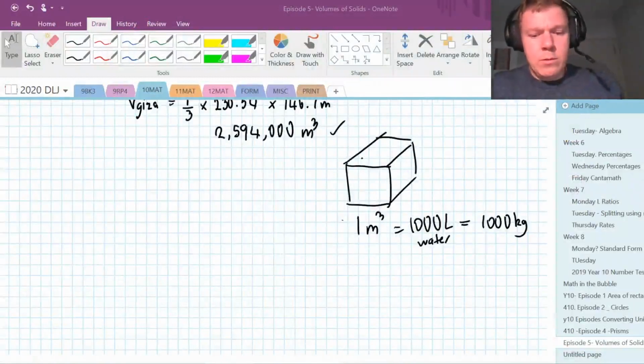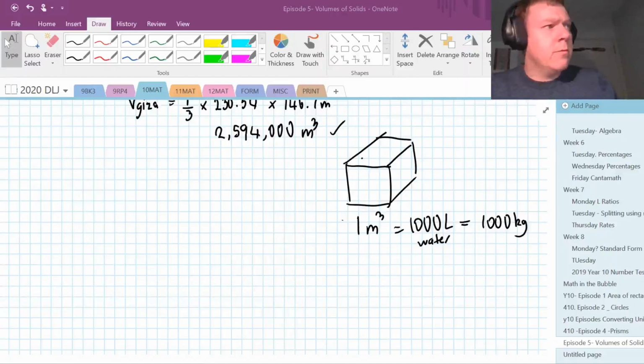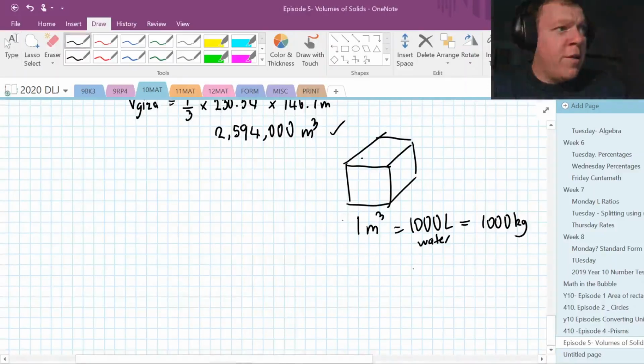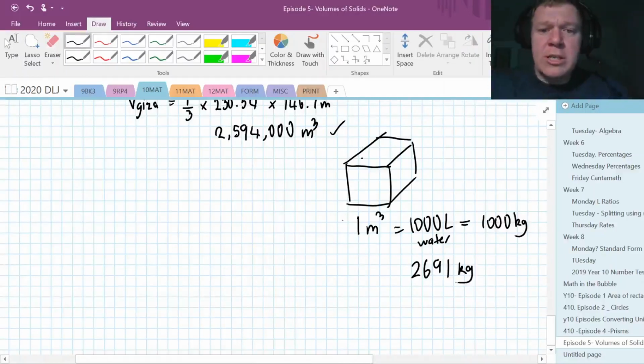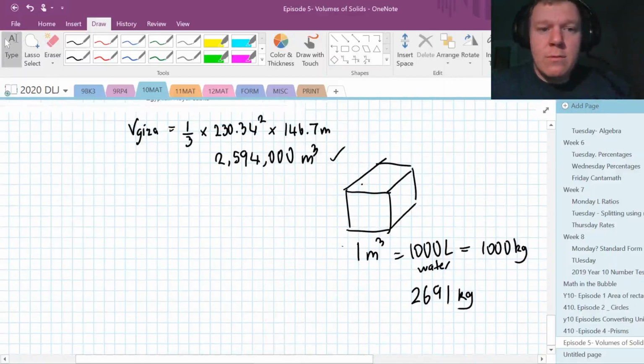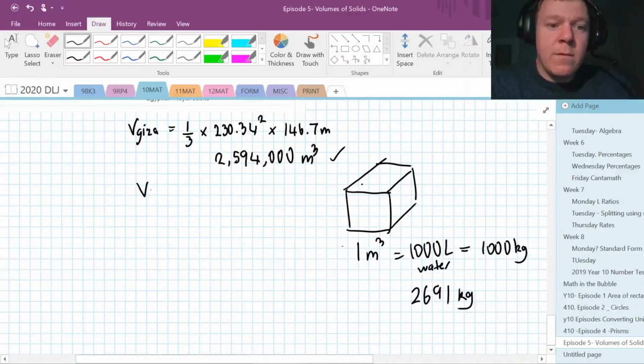1 meter of granite. I think most of it's granite. Weight. So it's saying that it's 2,691 kgs per meter cubed. So the weight of, oh, we don't want the volume anymore.